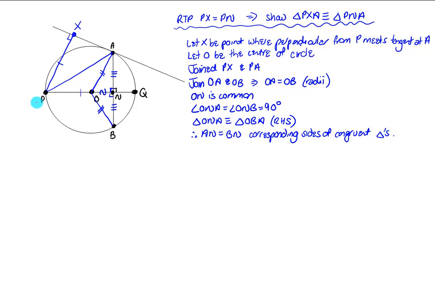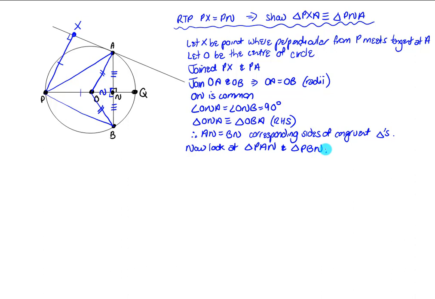Okay, now let's look at our big triangles. So triangle PAN and triangle PBN.